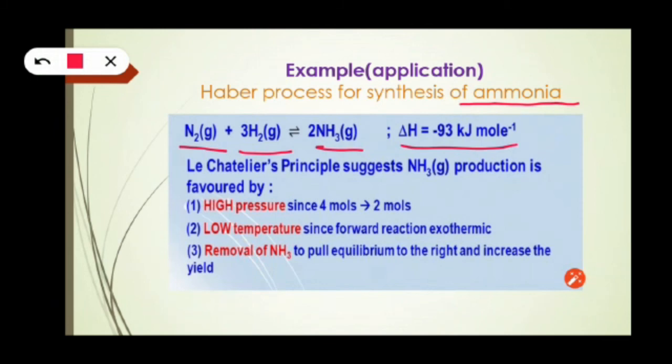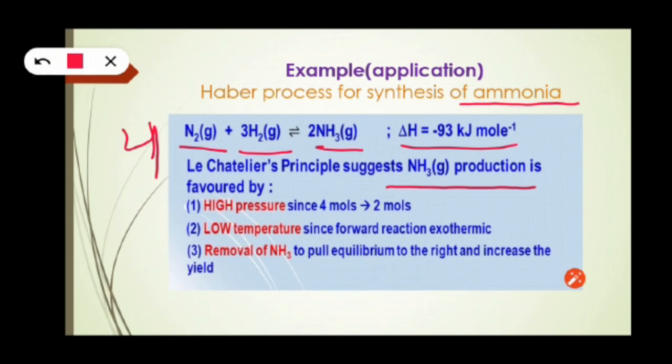So according to Le Chatelier's principle, how can we get the maximum amount of ammonia? As we know, on the reactant side there are 1 mole of nitrogen and 3 moles of hydrogen. So we have a total of 4 moles on the reactant side. And on the product side there are only 2 moles.